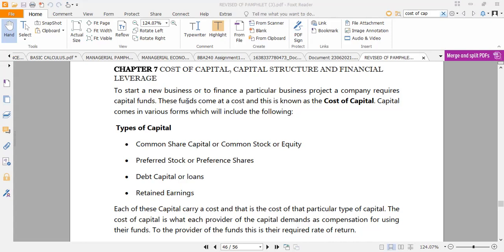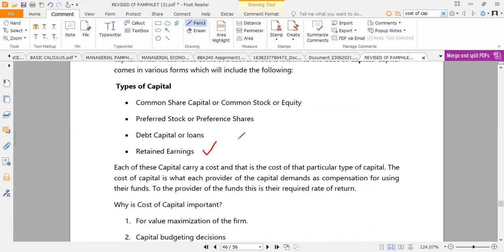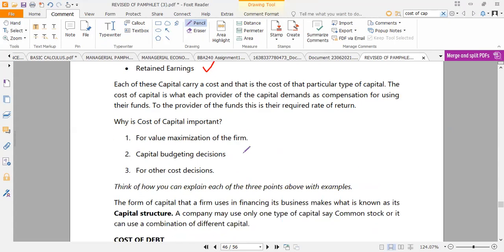Managers of a business will usually want to resort to using retained earnings because this is the only part that does not incur any costs. Now, each of these carries a cost, as mentioned, so it will be important for us to understand the cost attached to the capital for the following reasons.